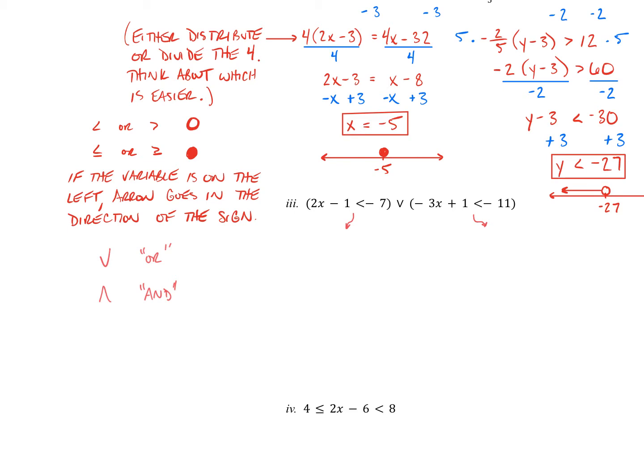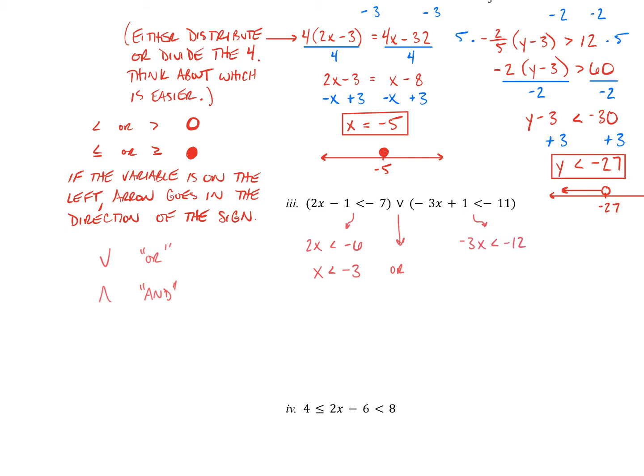Okay, so the inequality on the left, relatively straightforward. We can add 1 to both sides, and that's just going to be negative 6. Then we have 2x is less than negative 6, so we can divide both sides by 2. We don't need to flip the sign because the 2 is positive, and we end up with x is less than negative 3. Now remember, this symbol means or, and over here, if I subtract 1 from both sides, I've got negative 3x is less than negative 12.